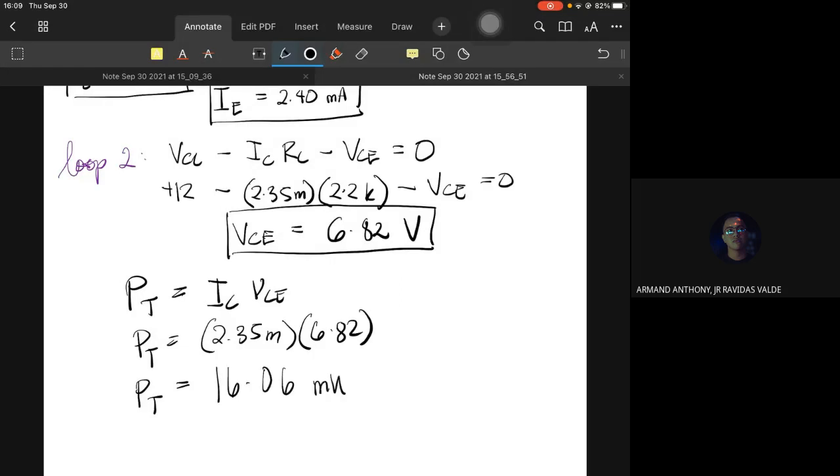We cannot tell for sure if it is above or below the limit, but we check the specification sheet, and it should be below. We cannot check for sure since the transistor part numbers in the exam may differ. But yeah, that's it.